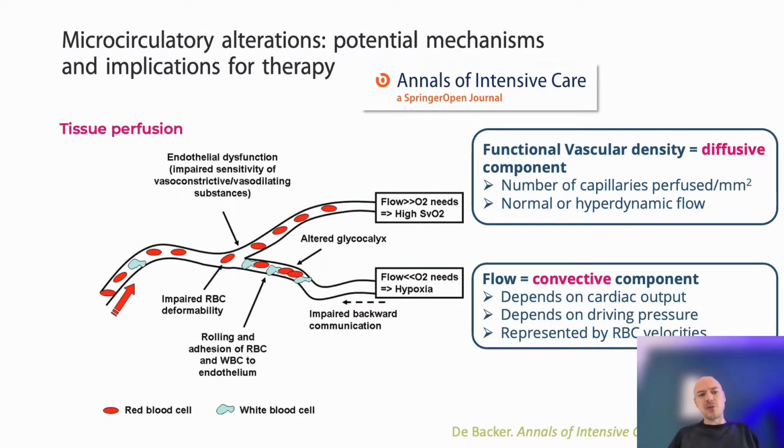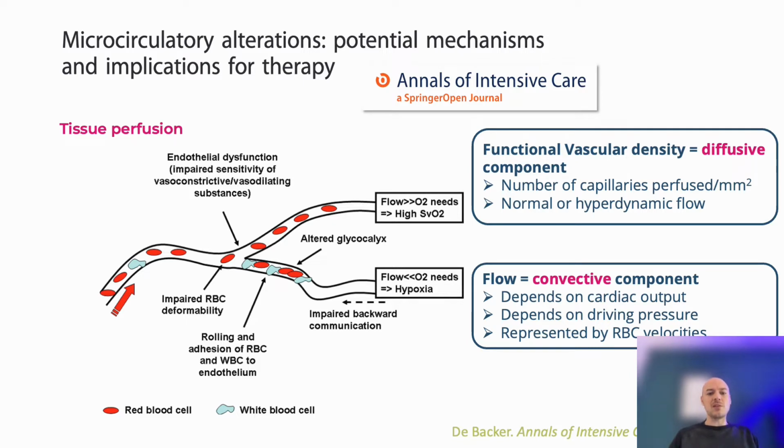So tissue perfusion is determined by vascular density and by flow. The functional vascular density of the microcirculation represents the diffusive component of the microcirculation and corresponds to the total number of capillaries actually perfused with normal or hyperdynamic flow, whereas the total vessel density comprises all the capillaries, perfused or not.